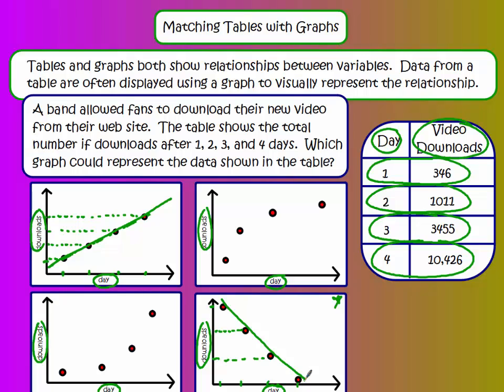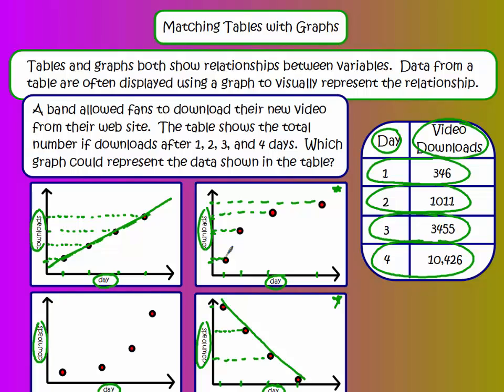So let's look at the top right one here and see if this one works. First thing you can notice here is I have day 1, day 2, day 3, day 4. Those aren't spread out very well, but I think that's kind of my mistake when I made it. Let's look at the data. If this is 346, here are the points that correlate to these.